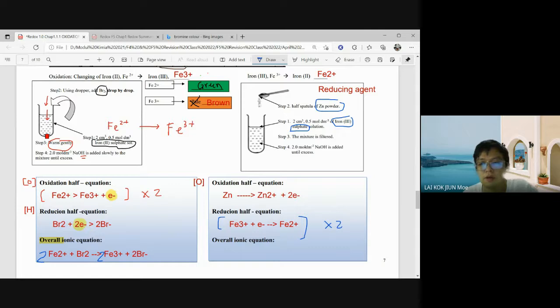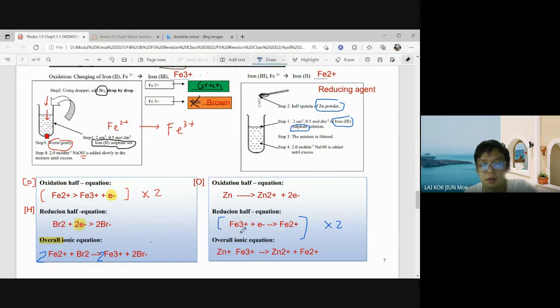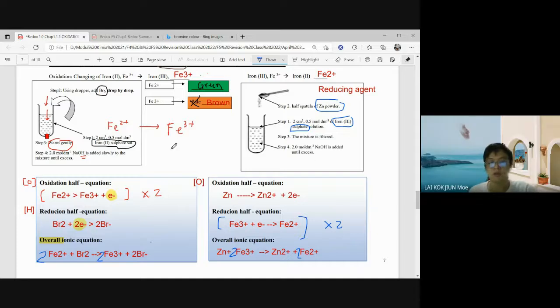And then you get the overall equation: Zn plus Fe3 plus times 2, so Zn, okay, 2 plus Fe2 plus times 2, 2 Fe2 plus. Very good. See, actually you can solve very fast, very well, because you understand the concept.